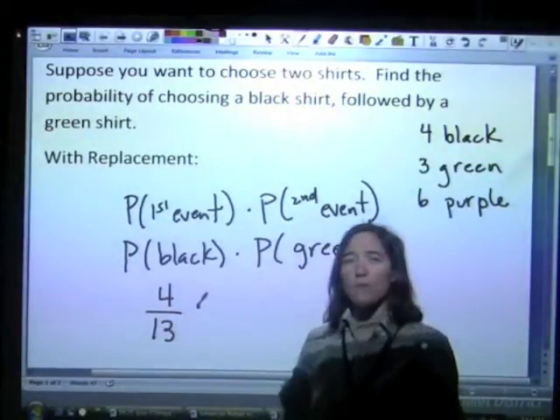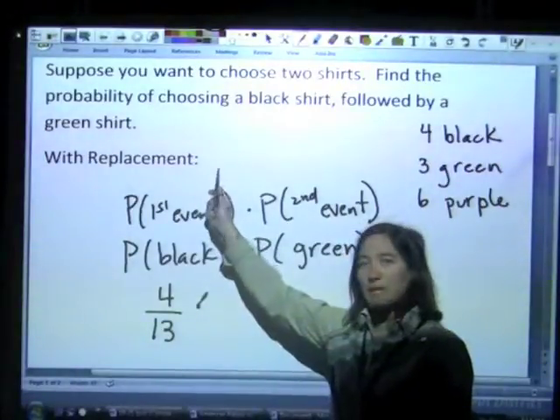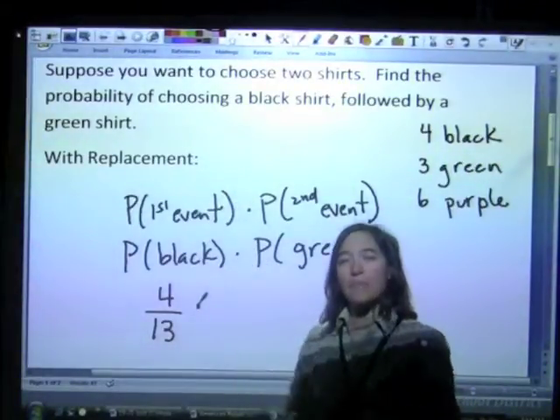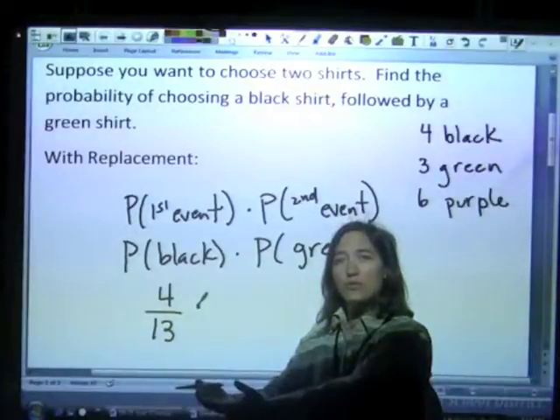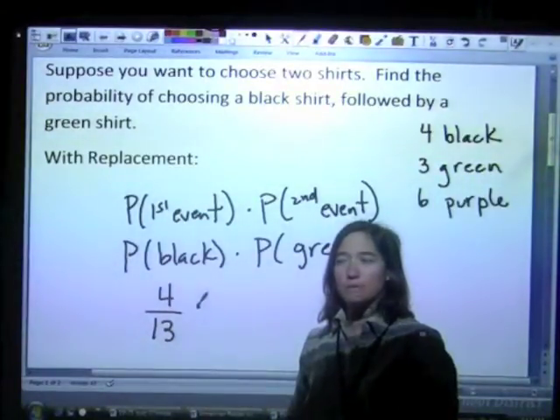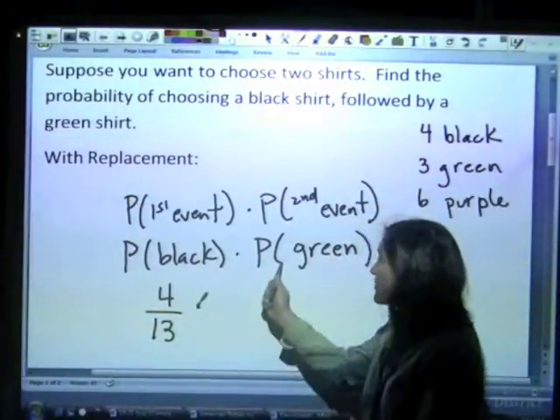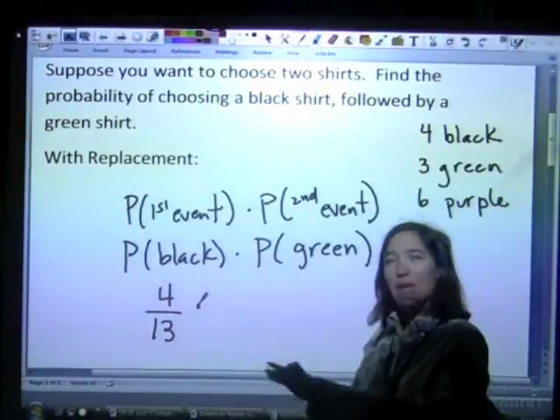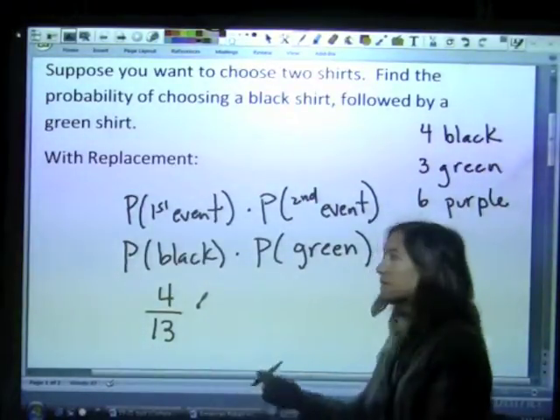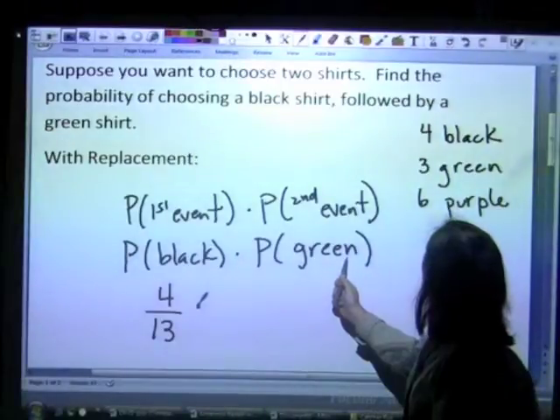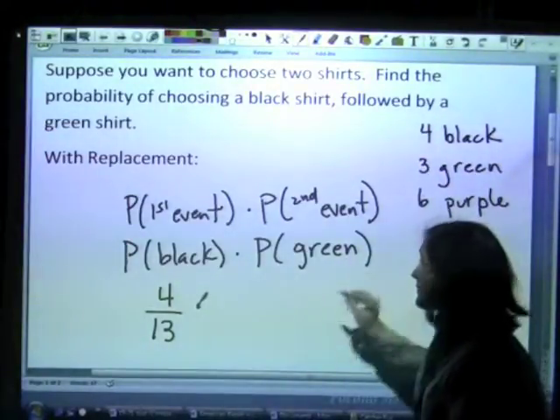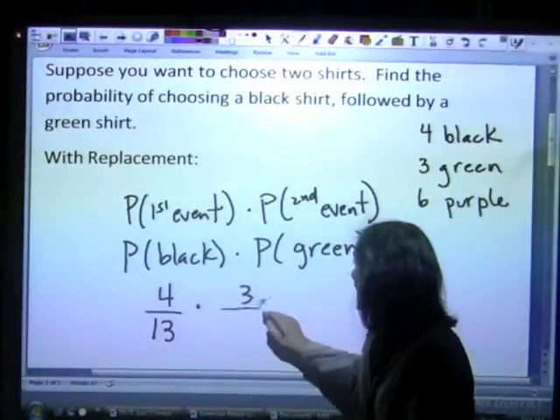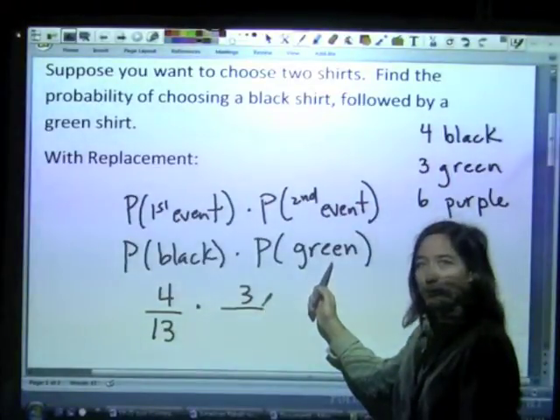Now, remember that we're doing this problem with replacement. That means I'm going to take that black shirt, put it back into the drawer, and then choose the green shirt. So, when I do the second part of the problem, I still have 13 shirts in the drawer. 3 of them are green. So the number of favorable outcomes for the probability of green is 3.